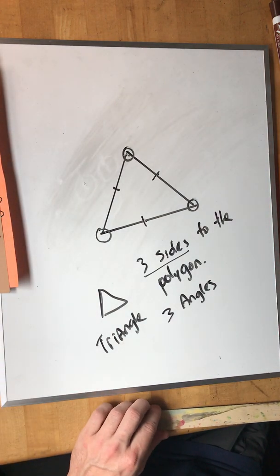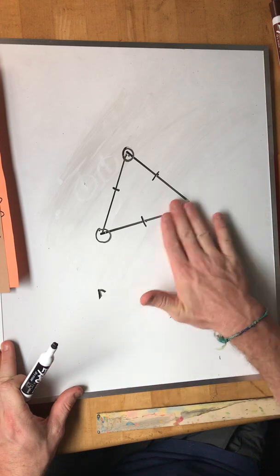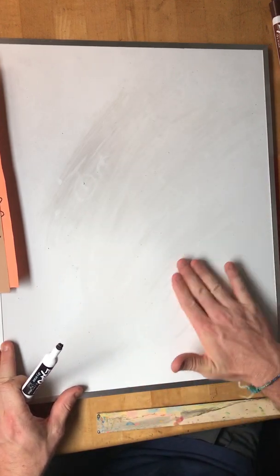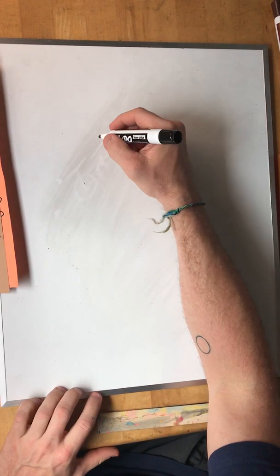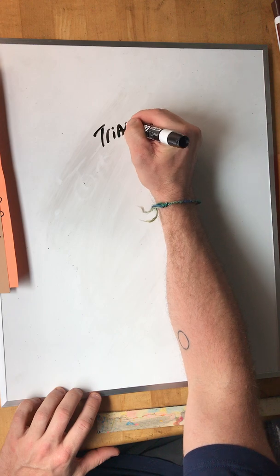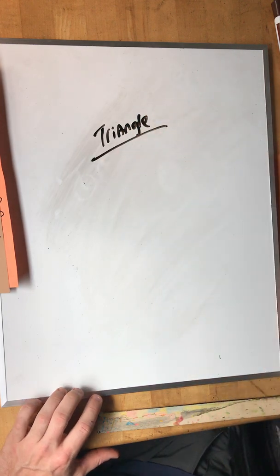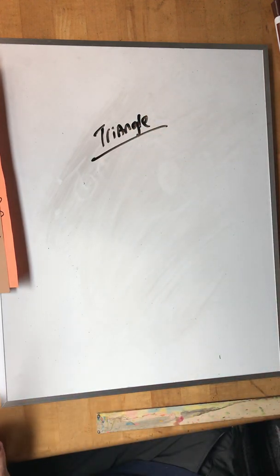All right. You'll need your piece of paper for this one. We're going to be drawing some shapes. First shape I want you to draw is our triangle, just like we just did. I'm going to pause, and I want you to draw a triangle. That is the polygon I want you to draw.